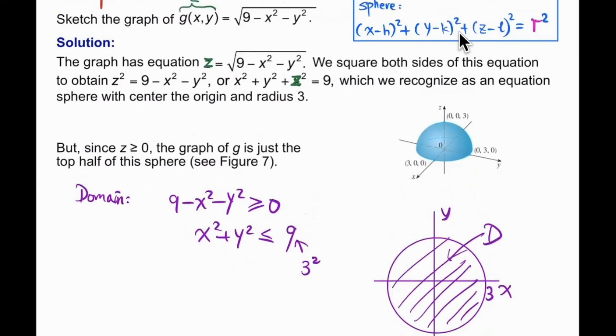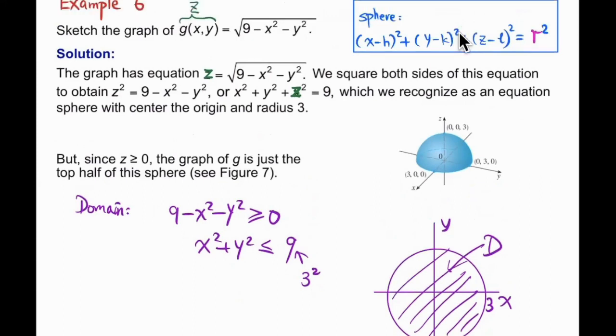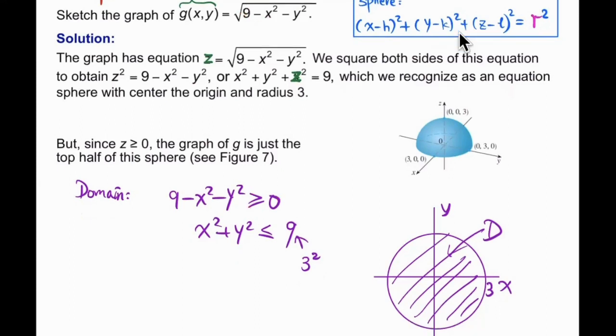Now, what's the domain for this function? Remember, when we try to find the domain of an even root function, it is required that the quantity inside the square root, inside this even root, has to be greater than or equal to 0, which is equivalent to x squared plus y squared is less than or equal to 9. x squared plus y squared is less than or equal to 3 squared.